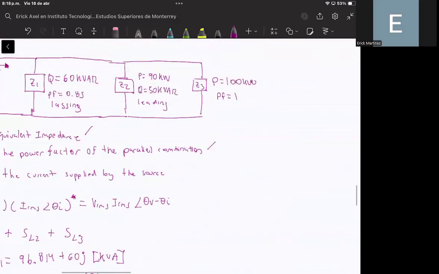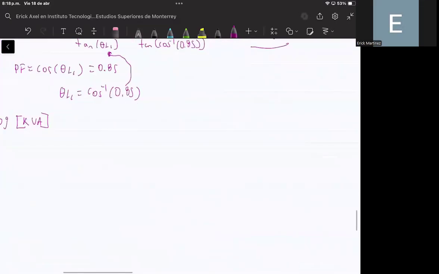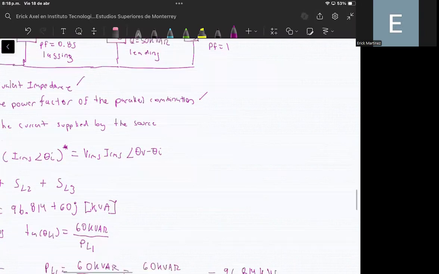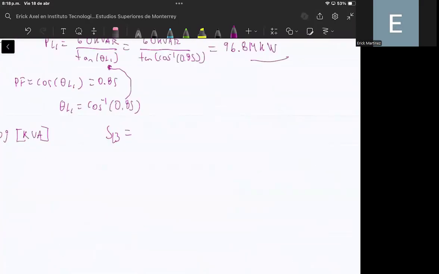For the third complex power, it is easier because, according to this information, we only have a real power. We don't have reactive power because the power factor is 1. That means that we have a purely resistive element related to load number 3. So the complex power of load number 3 is basically 100 kilowatts.